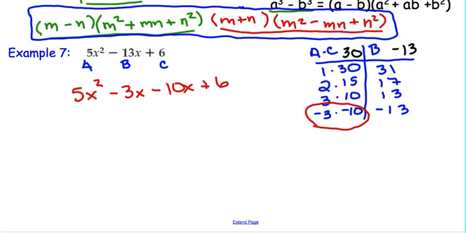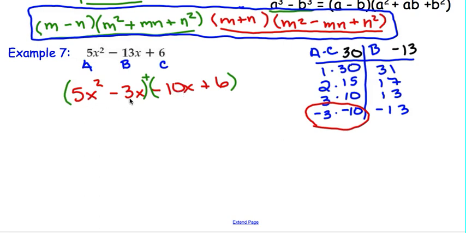So now I've turned this problem into 4 parts instead of 3 parts. And we've already talked about how to factor this by grouping. So I'm going to take my first 2, put them in parentheses. I'm going to take my last 2, put those in parentheses. And I'm going to put a plus sign in between here. That's why I moved this minus sign in here to make it negative 10x.